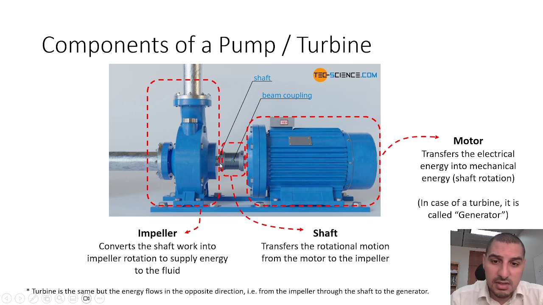Then the impeller rotates the shaft. This shaft transfers the rotation to this component, which is now called a generator. It's not a motor, it's the opposite, it's a generator. This generator converts this rotation or the shaft work into electric energy. So it's the same setup, but the direction of the energy is the opposite.